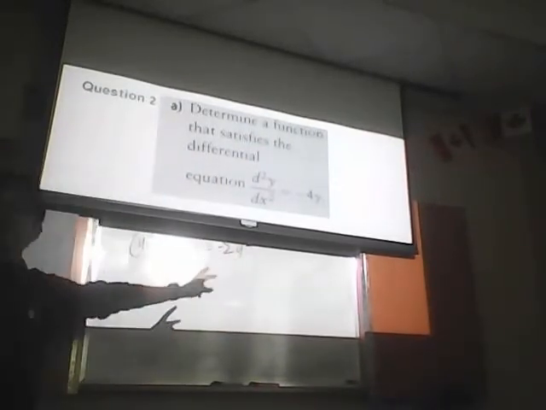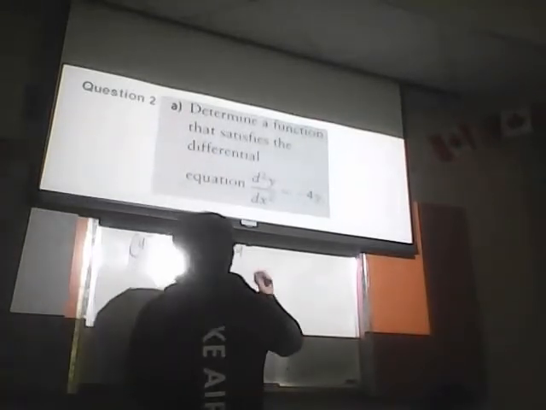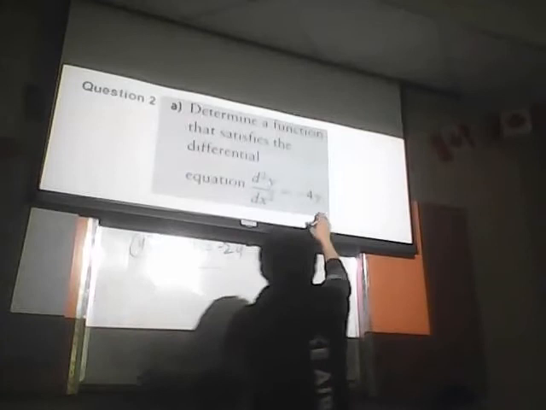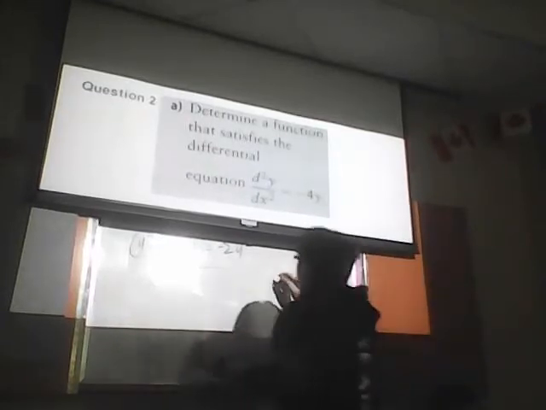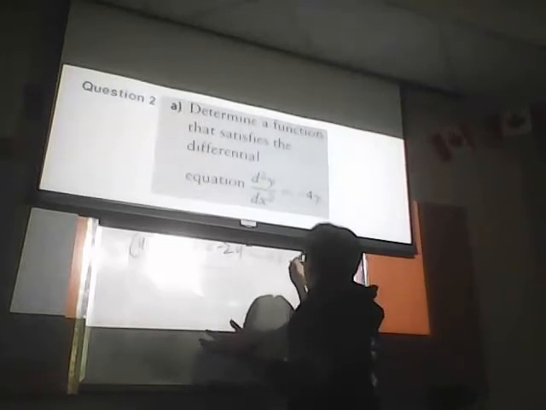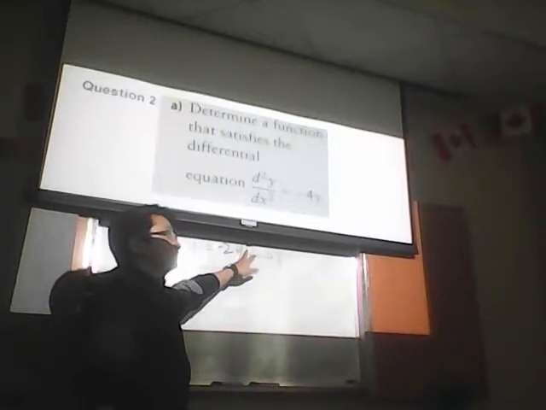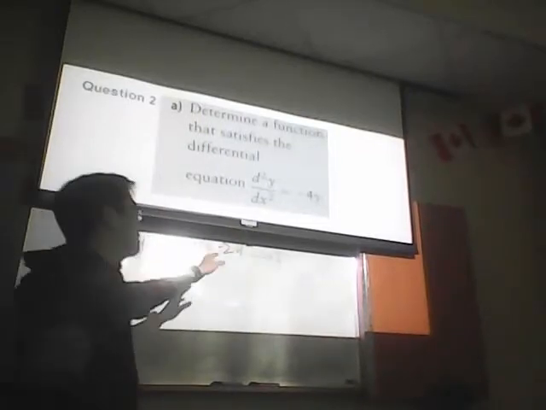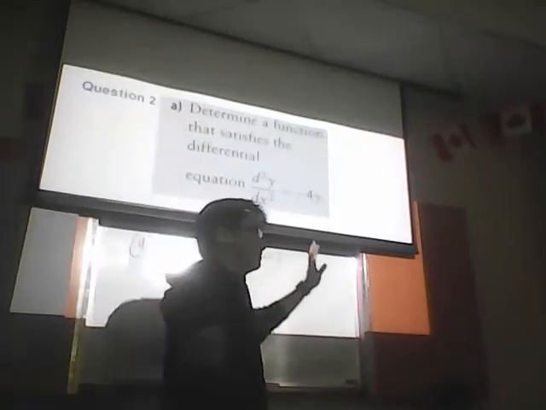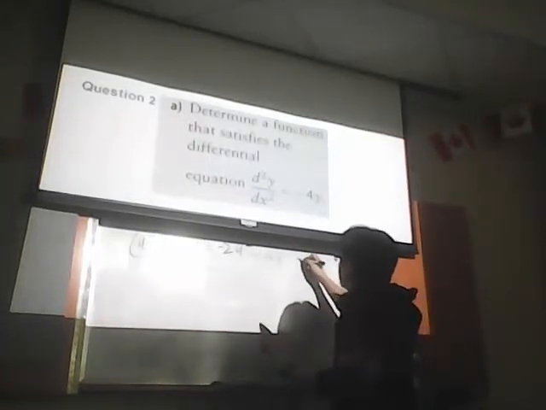Then we know this one, and because you can see this is y, we should know what y is. So y equals... you can see this is square, this is 2.